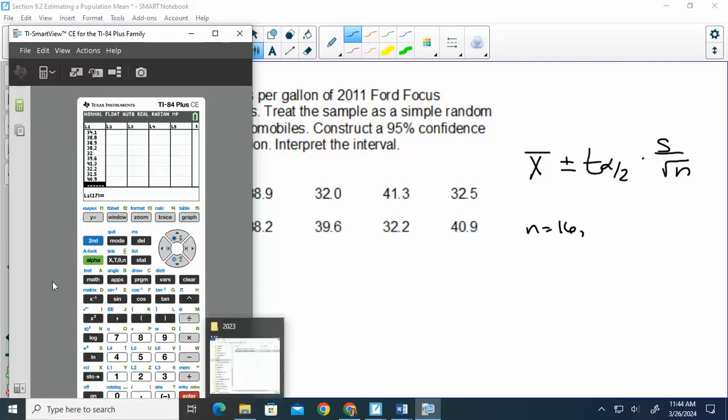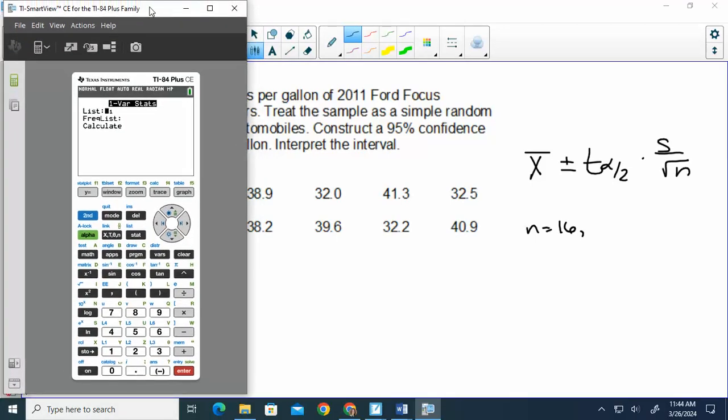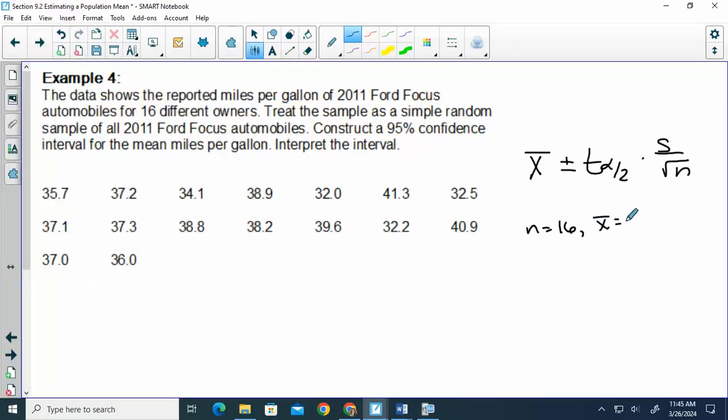All right. Then if we go to stat, calculate one variable statistics, our list should be L1. Frequency, make sure there is nothing in your frequency list, or a 1 at the very least. All right, so now we can see our sample mean is 36.8, sample standard deviation 2.917. What was the last digit? 9171. We got 4 decimal places.